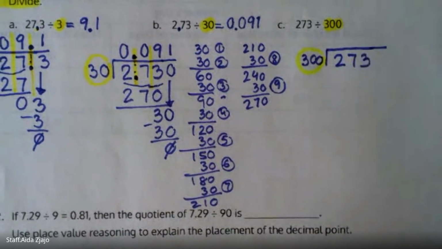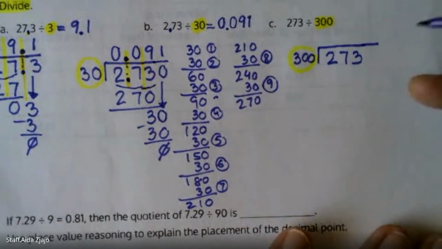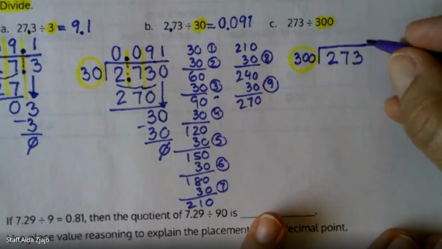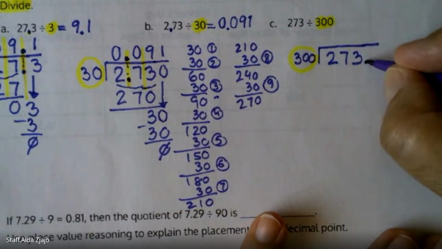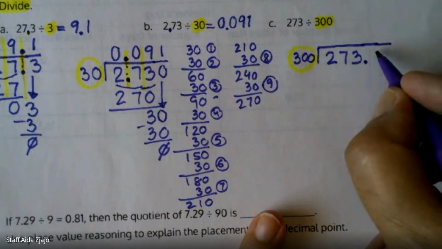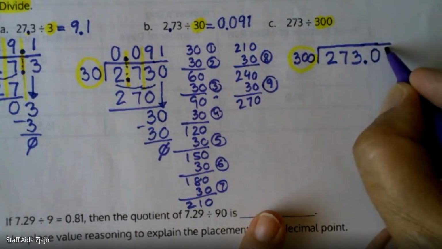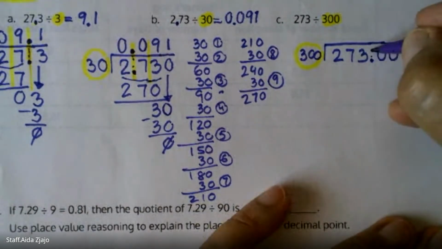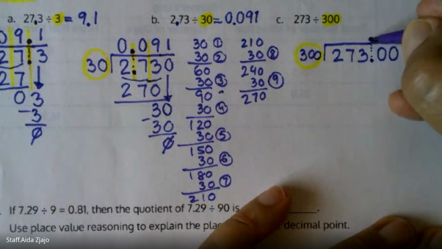I have 273. So in this situation, kids need to know that when I have 273, I also can show it as a decimal number. So I can show that as being 0, 10, 0, 100. So my answer is, my decimal will appear.